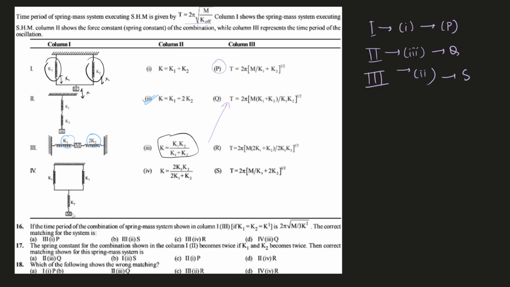If we look at the fourth one, now this is a bit interesting. Since you have these two springs which are in parallel, the effective spring constant, let me just write K effective 1, is just going to be the sum of K1 and K2. But then you have another spring, which is in series with this one, and this just has spring constant of K2.